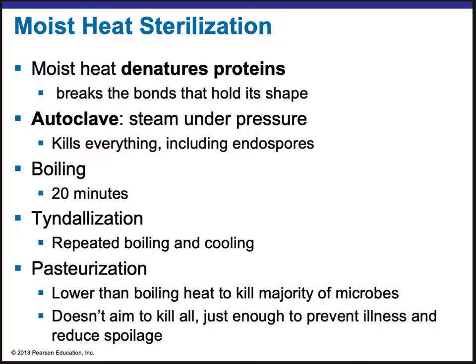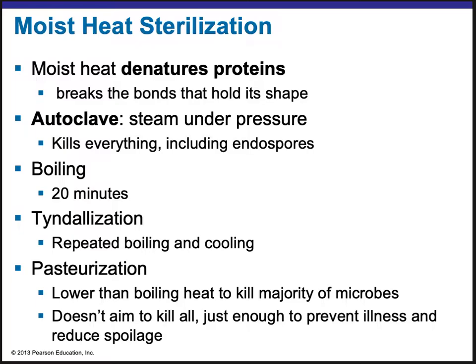So, without going into too much physics, we'll just accept that when you put it under pressure, you can reach these higher temperatures. And so now you have 121 degrees Celsius, for example.